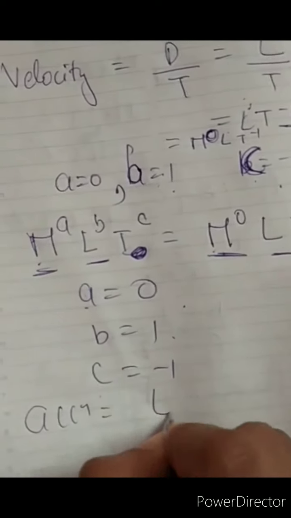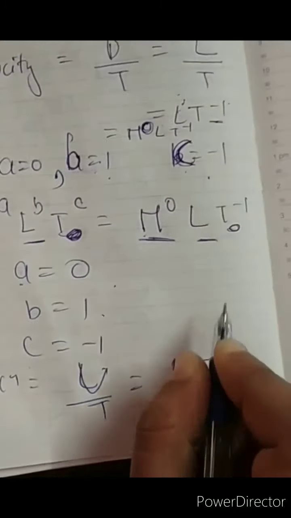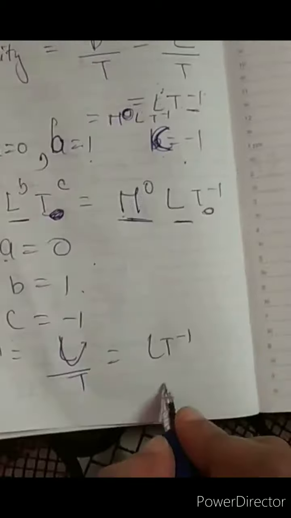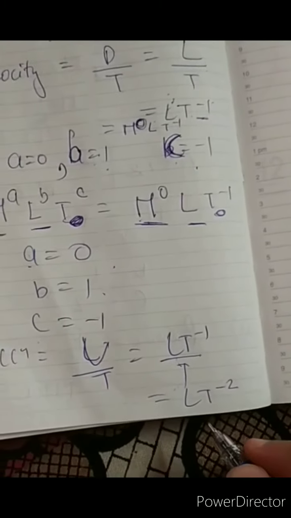What about the fourth? Fourth is acceleration. Acceleration is velocity upon time. And what is velocity? Velocity is LT minus 1. LT minus 1 upon T is equal to LT minus 2. Again here, if no M is there, you can put M to the power 0.